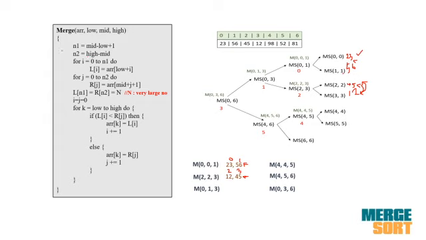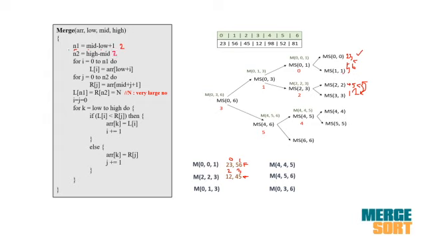So let's come to this particular algorithm. You have a temporary variable n1 that calculates mid minus low plus 1. Your mid is 1, low is 0 and high is 3. So mid minus low plus 1 is going to give you 2, and n2, high minus mid, is also going to give you 2.